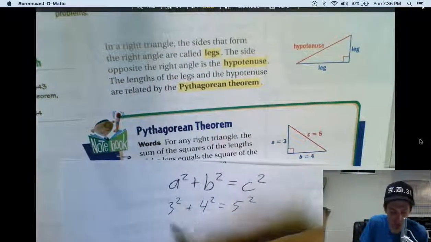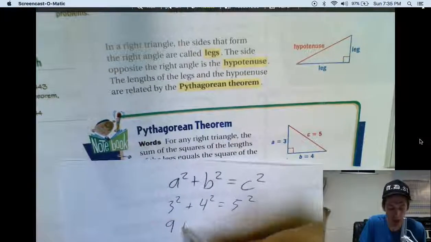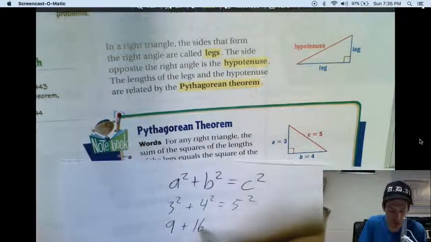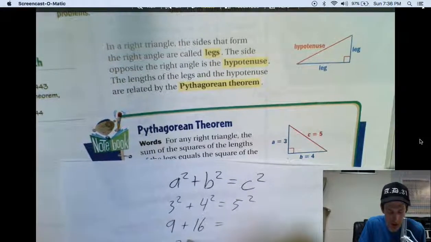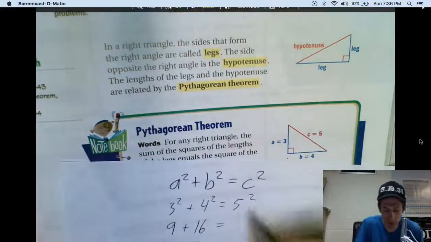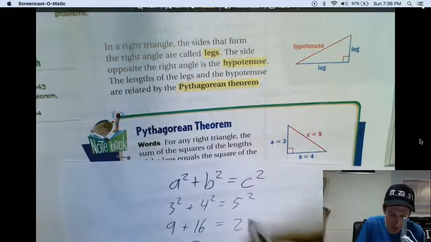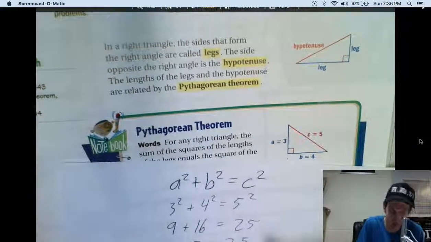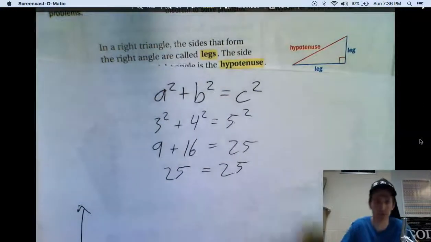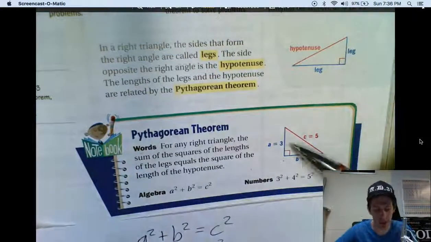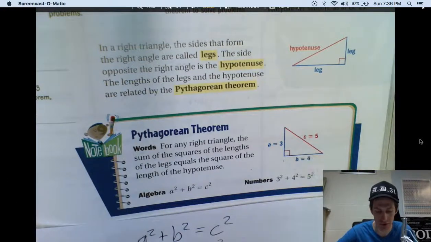Well, what's 3 squared? 3 times 3 is 9, plus 4 times 4 is 16. That reduces to 25, right? 16 plus 9. What is 5 times 5? 25. Does 25 equal 25? Bingo! Yes, it does. So, these can be the measurements of a right triangle. We call that a Pythagorean triple.